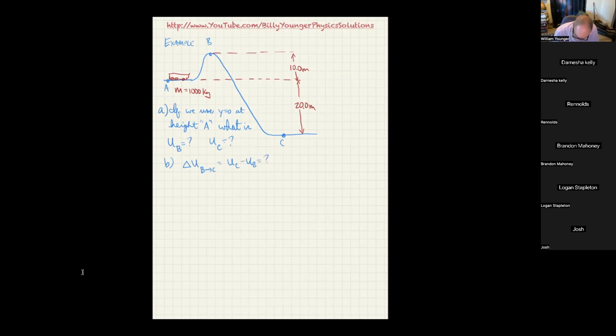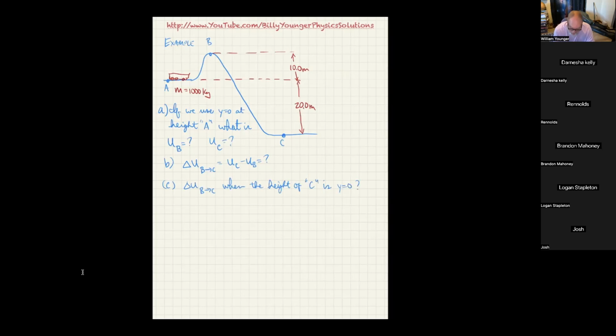And then finally in part C, I want to know what is delta U from B to C when the height of C is y equals 0.